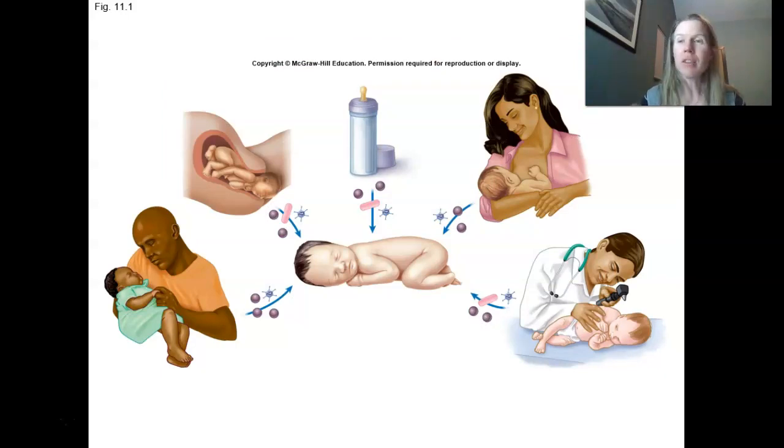Okay, so this idea of initial colonization. We're exploring now, maybe the fetus isn't quite sterile, but in general, there are very few, if any, microbes on this baby when it's in the amniotic sac. So the initial colonization is considered to be as the baby's coming out the birth canal. And as I was just saying, the bacteria in the birth canal are super important in the bacteria that start off this baby's life.